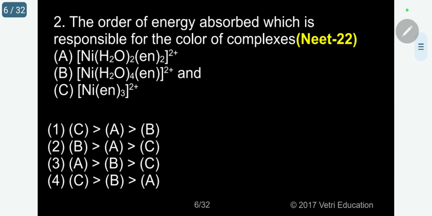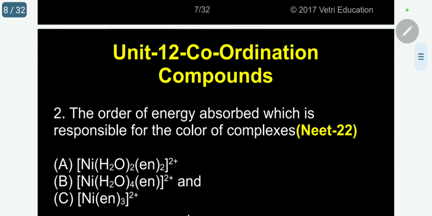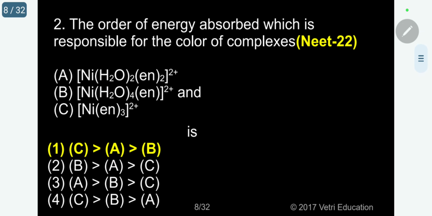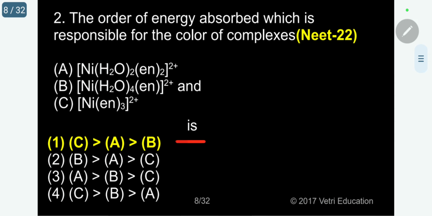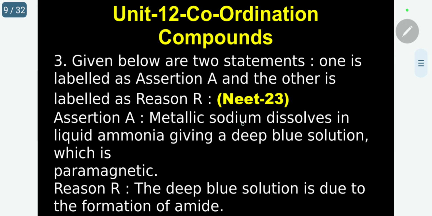So, very clearly, now you can go for the correct answer. 1 is the correct answer: C greater than A greater than B. Kindly follow.